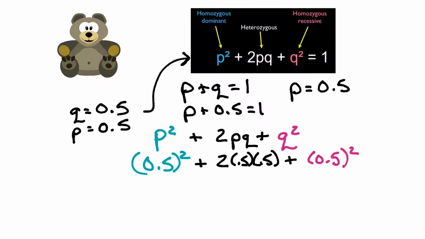So if we do all the math, this is 0.25, this is 0.50, this is 0.25. So that means we have 25% that are the homozygous dominant, 50% are heterozygous dominant, 25% are homozygous recessive. So what do we do with that?